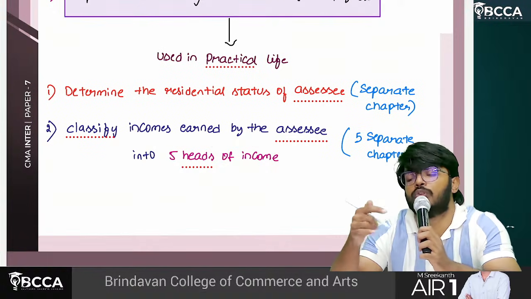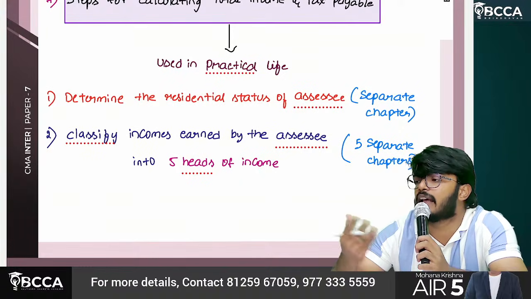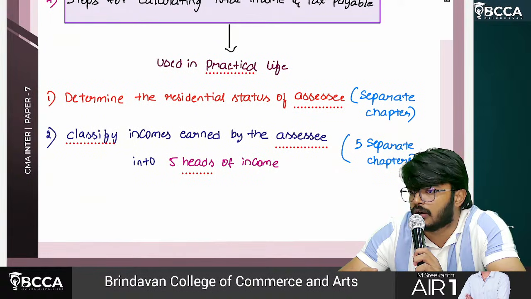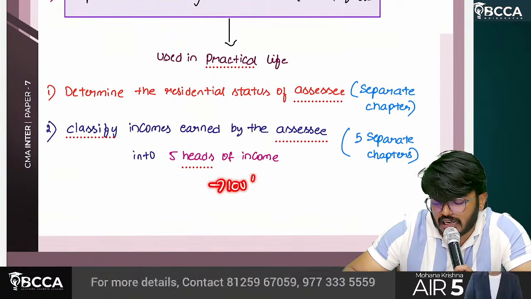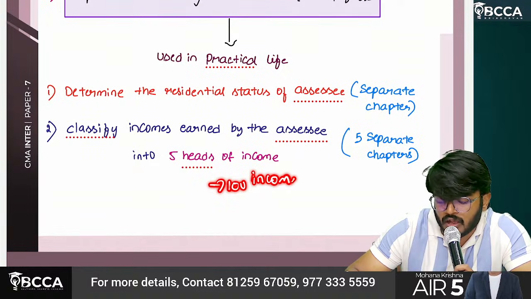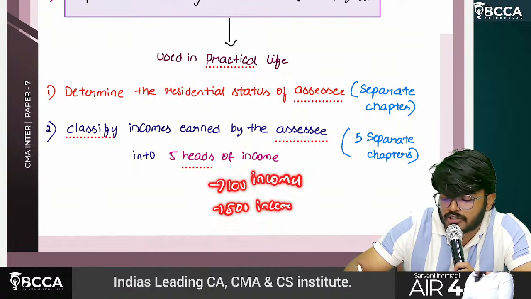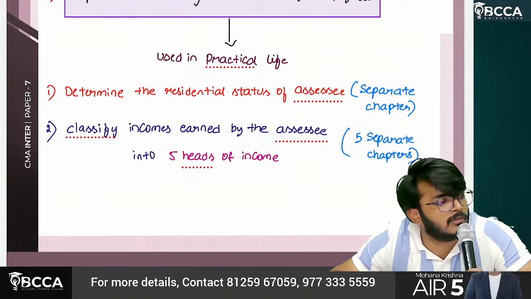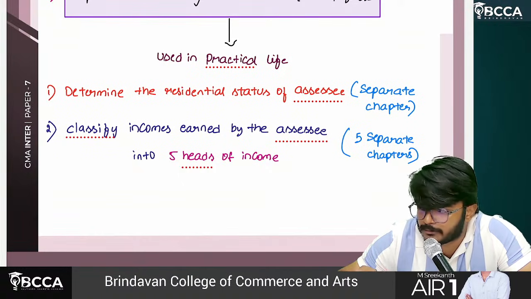What you have to do is get the list of incomes from that person and do the classification. Because as per income tax, there are only 5 heads of income. Whether that person has 100 incomes or 500 incomes, you have to classify all these incomes into only 5 heads of income. So that is your second step.